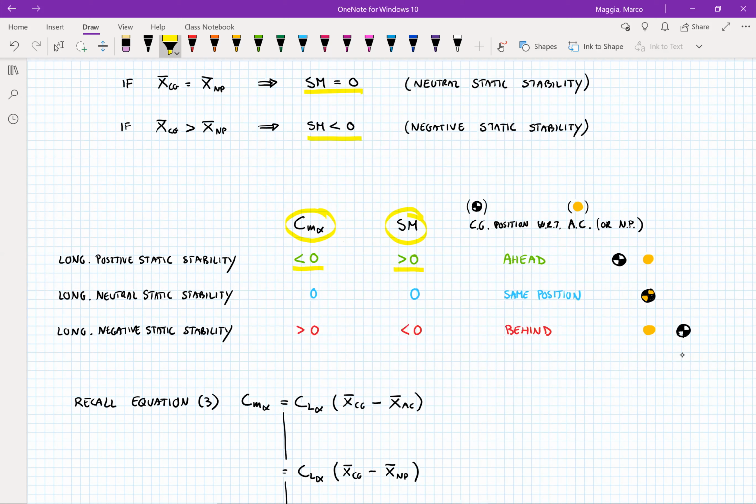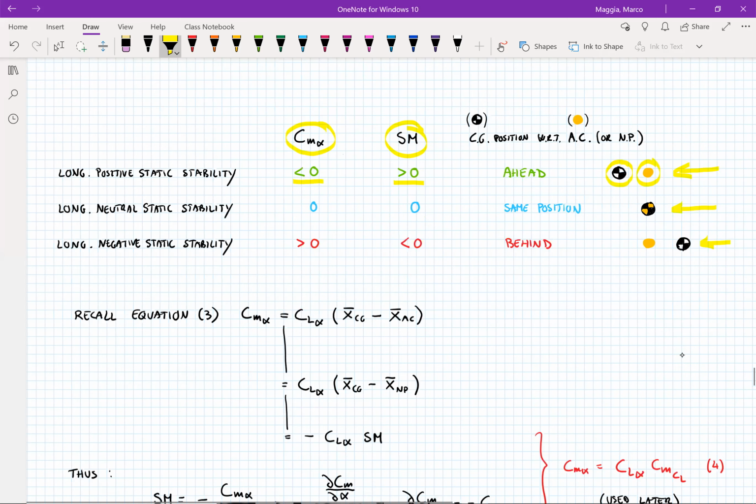So if we indicate the center of gravity with this usual symbol, and the aerodynamic center with the orange dot, then a statically stable airplane would have this configuration. If the two coincided, then we would have neutral stability, and in this third case, we would have instability.